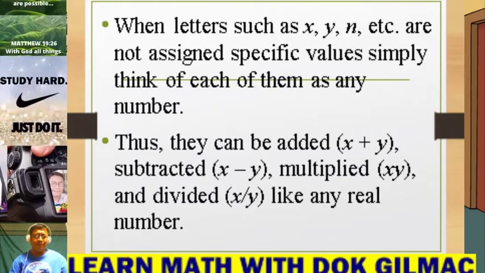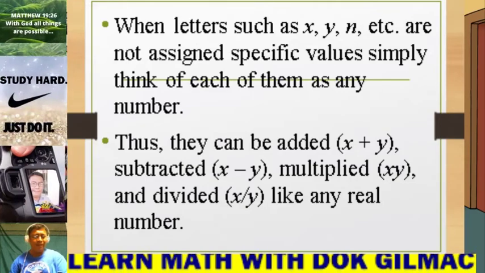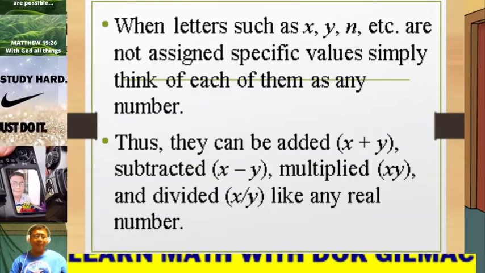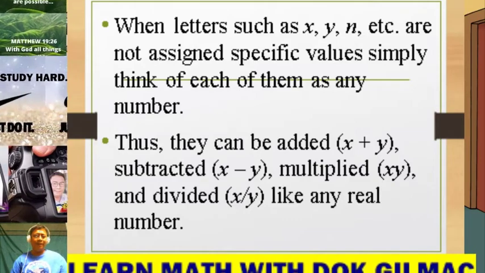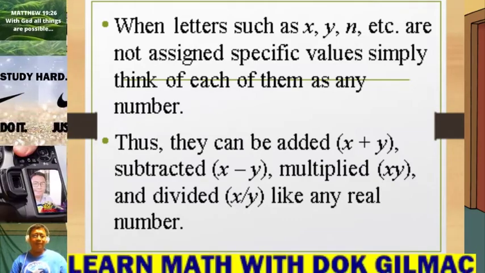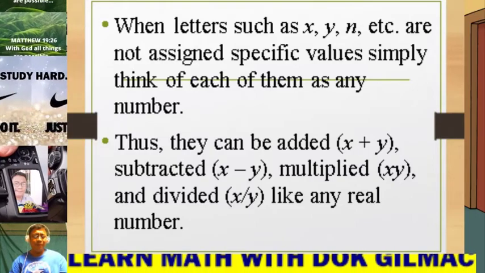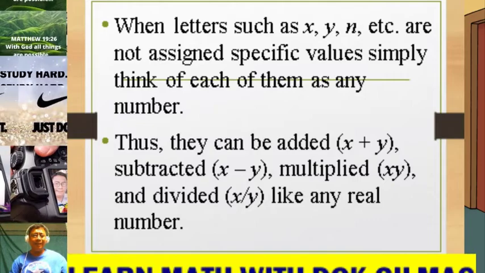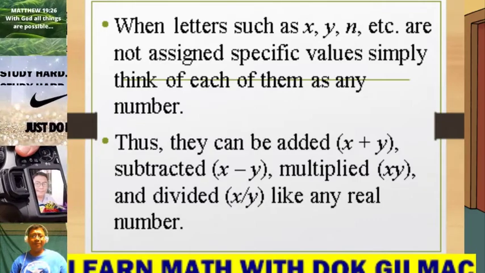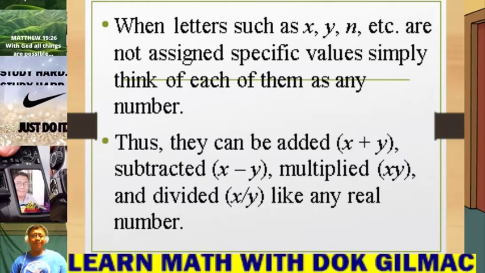They can be subtracted, such that x minus y. They can be multiplied, that is simply xy. And they can be divided, which means we have x over y, like any real number. So take note of that.